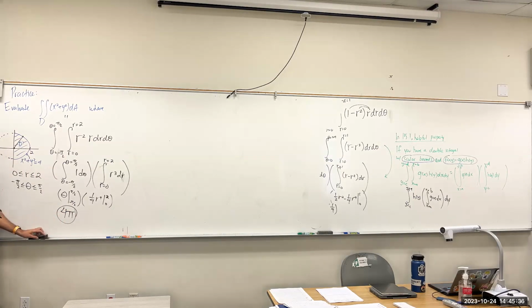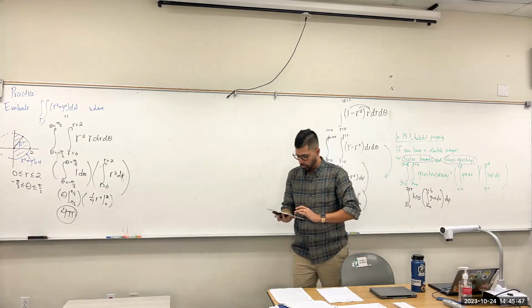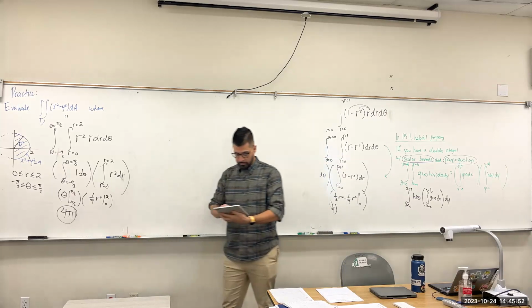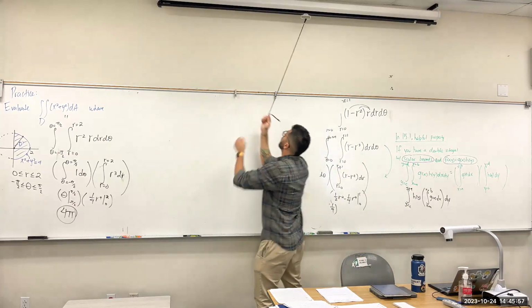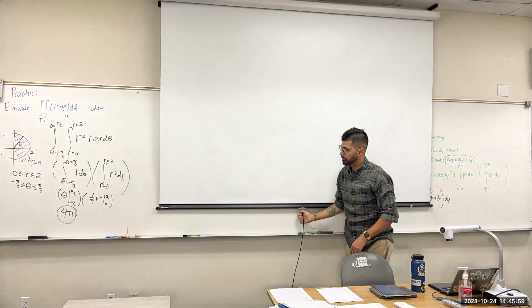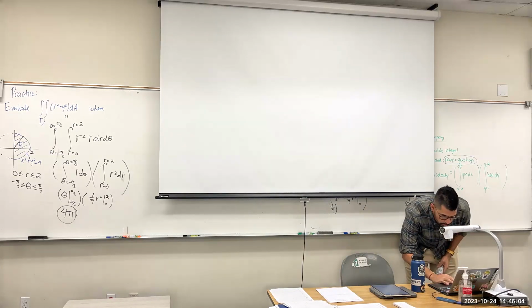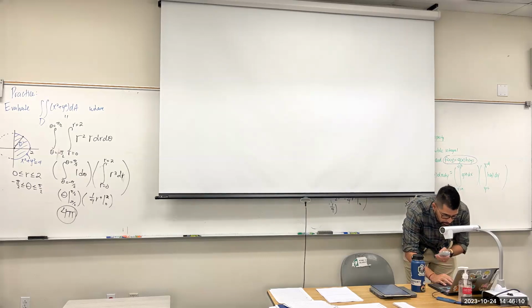Okay, so now the question is, will it always be this magically easy where my bounds are numbers? Yes or no? Okay. So I want to explore that real quick. Let me show you a picture first. All right, so let me show you a picture.